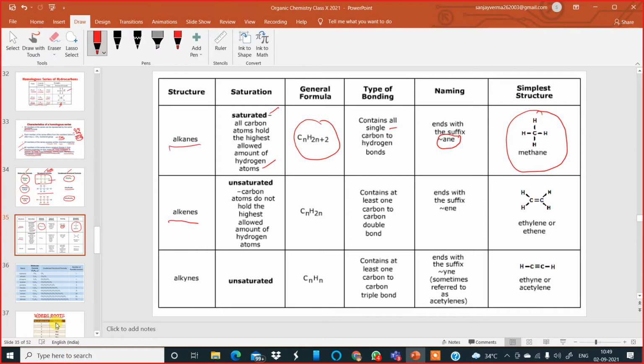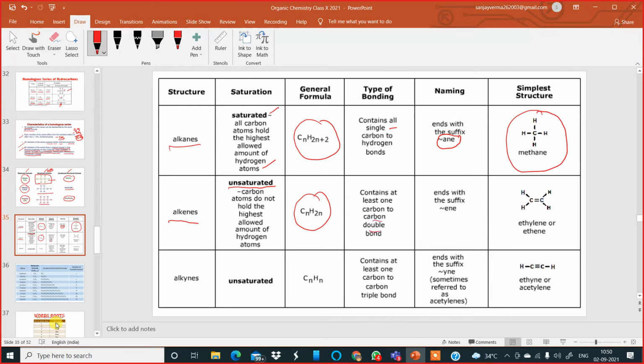The second homologous series of hydrocarbons, alkenes, are unsaturated. That means we can add something more there. The carbon atoms do not hold the highest allowed amount of hydrogen atoms because there is a multiple bond. The general formula is CnH2n and it contains at least one carbon-to-carbon double bond.